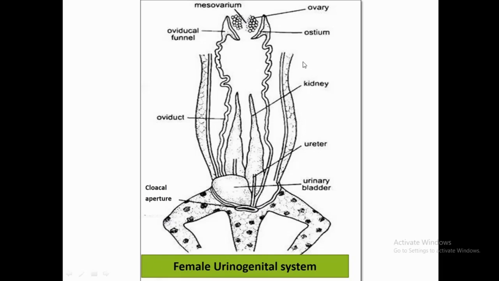Thus, the reproductive structures in case of female Calotes are the paired ovaries, a pair of oviducal funnels, a pair of oviducts, and finally the cloacal aperture.